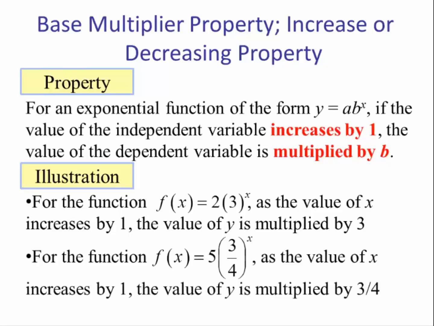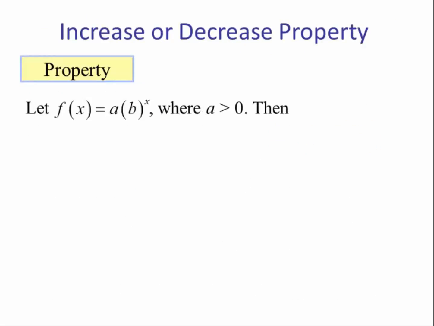For the function f of x equals 5 times 3/4 to the x power, as x increases by 1, the value of y is multiplied by 3/4. So the value will be smaller and smaller and smaller as x increases. Let f of x equal a times b to the x power, where a is greater than 0, a positive number.